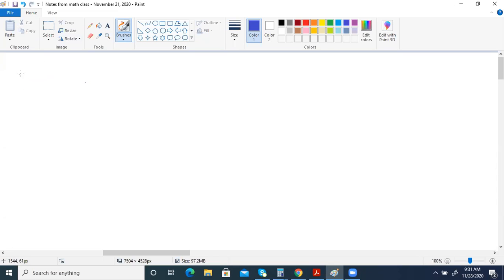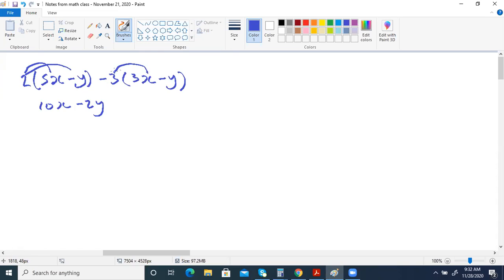All right, so the first question looks something like this. So it was 2 times (5x minus y) and minus 3 times (3x minus y). So this is supposed to be straightforward, right? You just distribute the number on the outside. So we'll get 10x minus 2y. Then you go again, but this time it's minus 3.